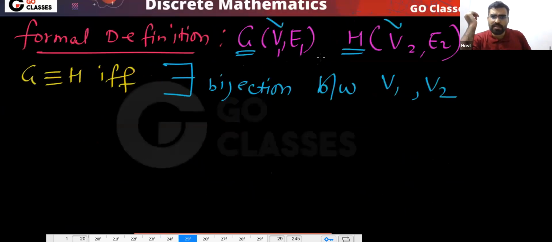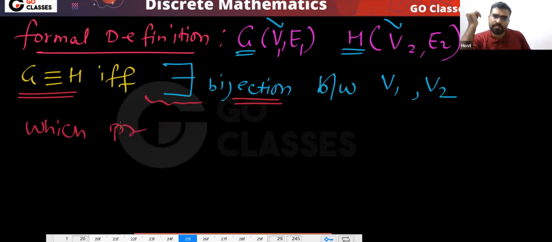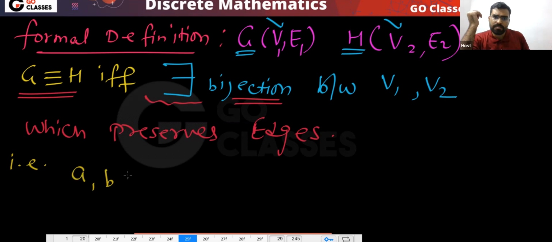So the isomorphism definition says that two graphs are isomorphic if and only if there exists a bijection between V1 and V2 which preserves edges. What does it mean? It means that A, comma B, they belong to V1.